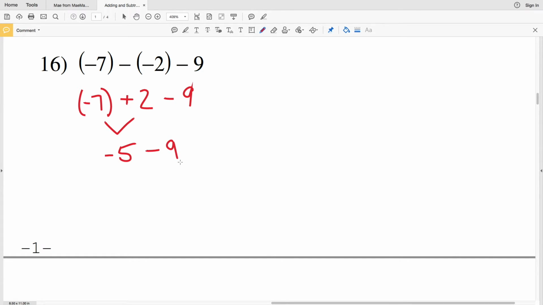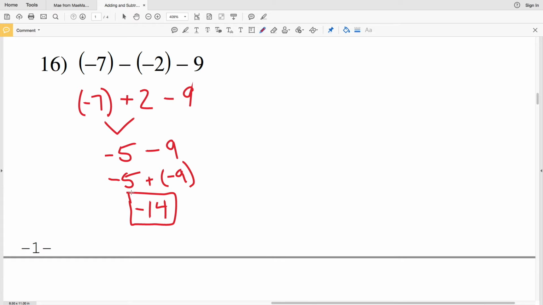And we're taking away 9 from that negative 5. So we're really doing negative 5 plus another negative 9. Negative 5 plus negative 9 is going to leave us with negative 14. So the answer for number 16 is negative 14.